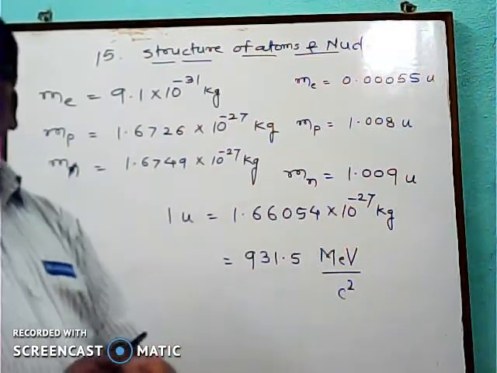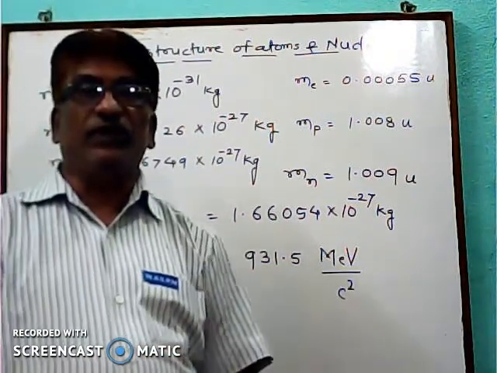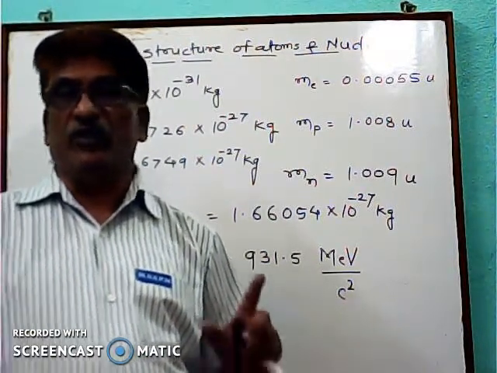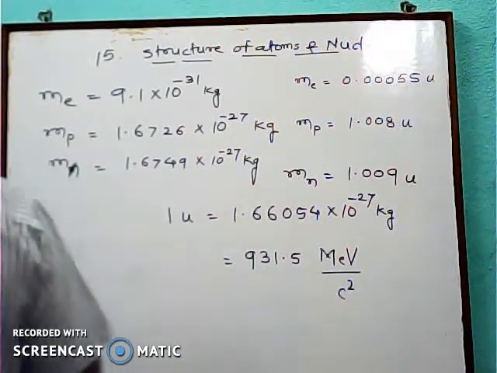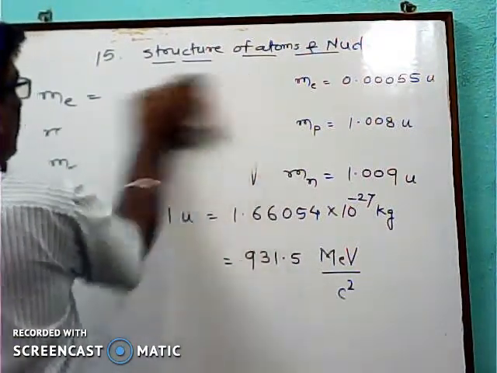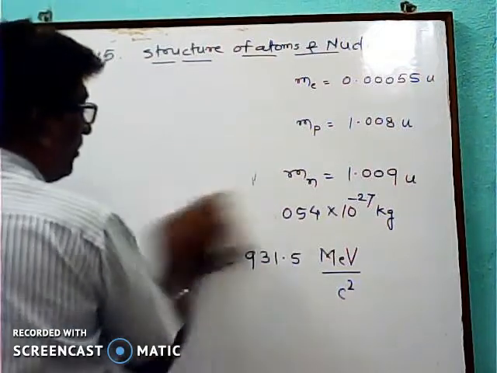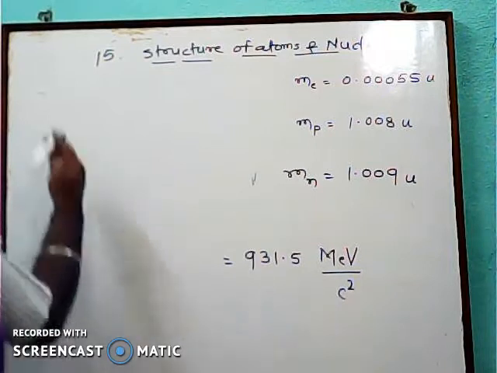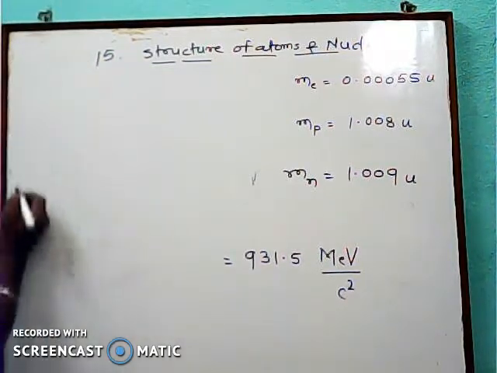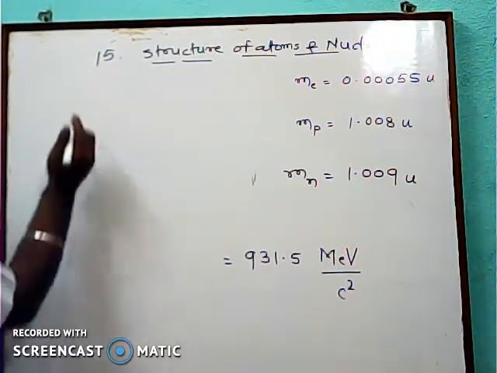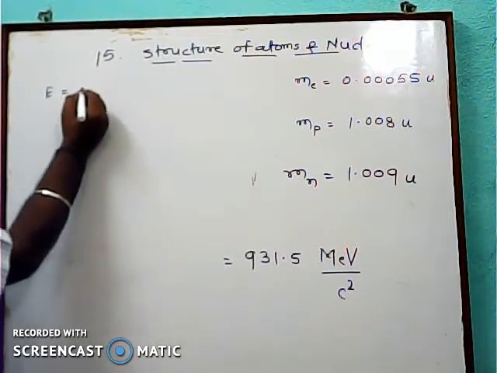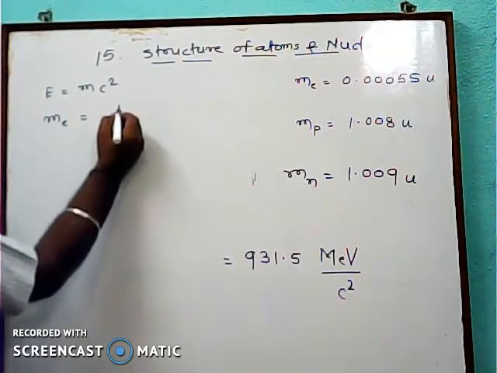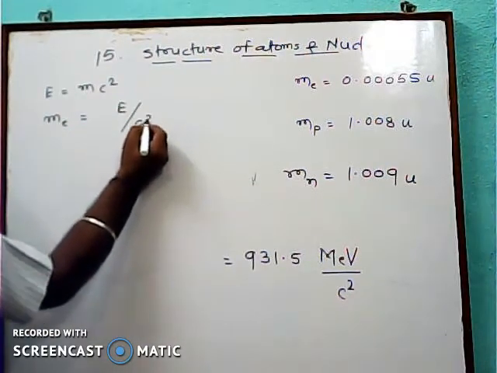But today we can find out the mass of electron, mass of proton, and mass of neutron. For the electron, energy is equal to mc square, so mass will be energy per c square.